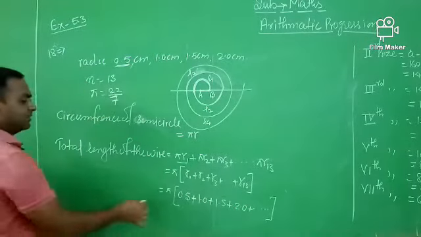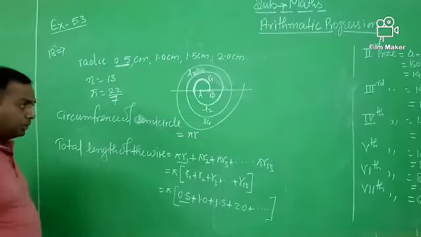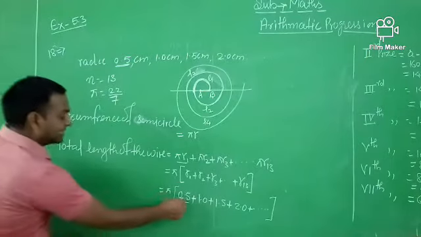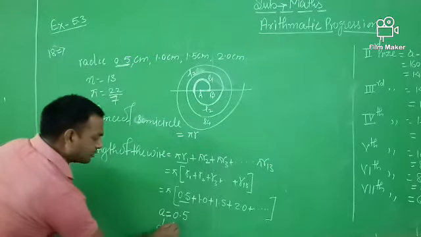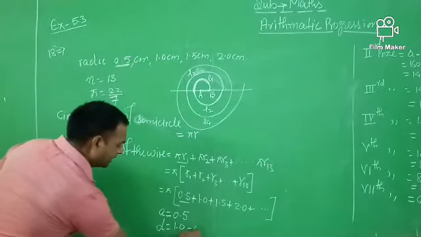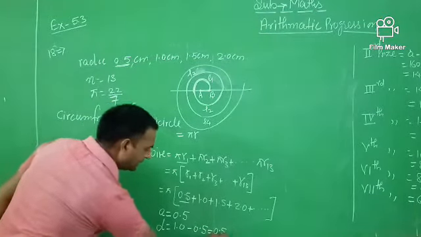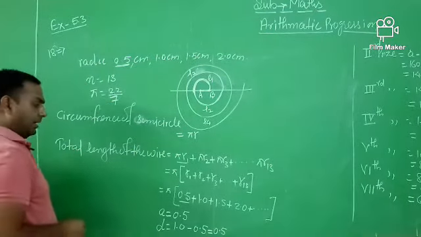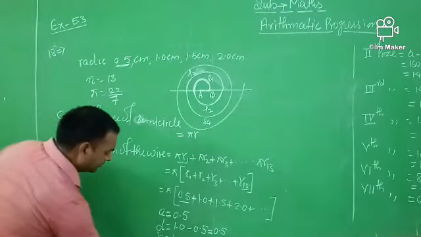You see this is an arithmetic progression. The first term a is equal to 0.5 and the difference d is equal to 1.0 minus 0.5, which is also 0.5, and the number of terms is 13, so n is equal to 13.